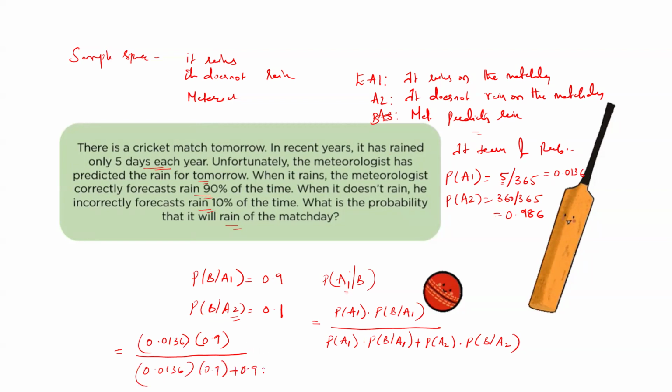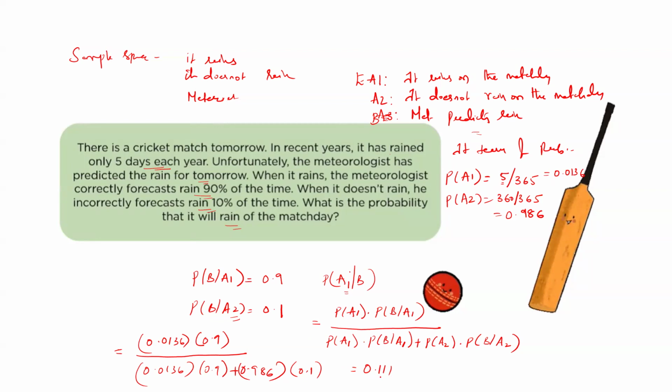It is 0.986 into probability of B given A2, which is 0.1. So when you calculate, we get 0.111.